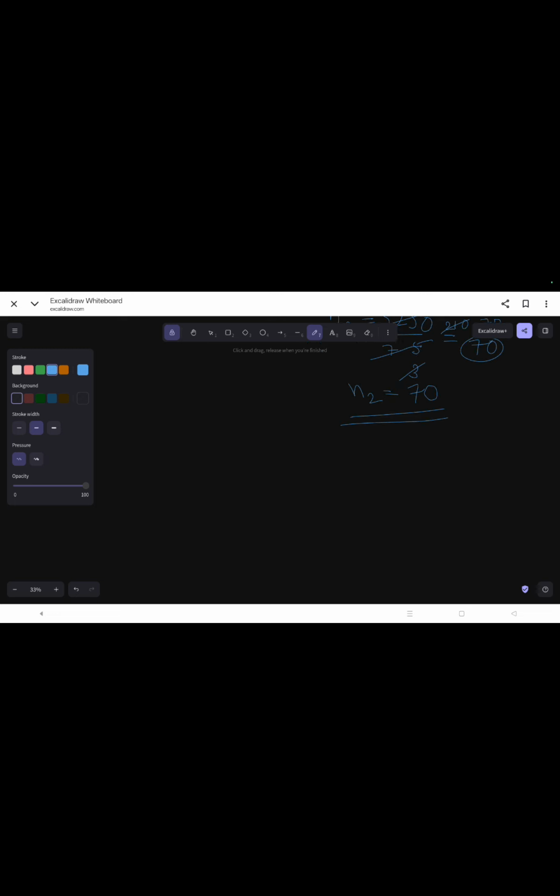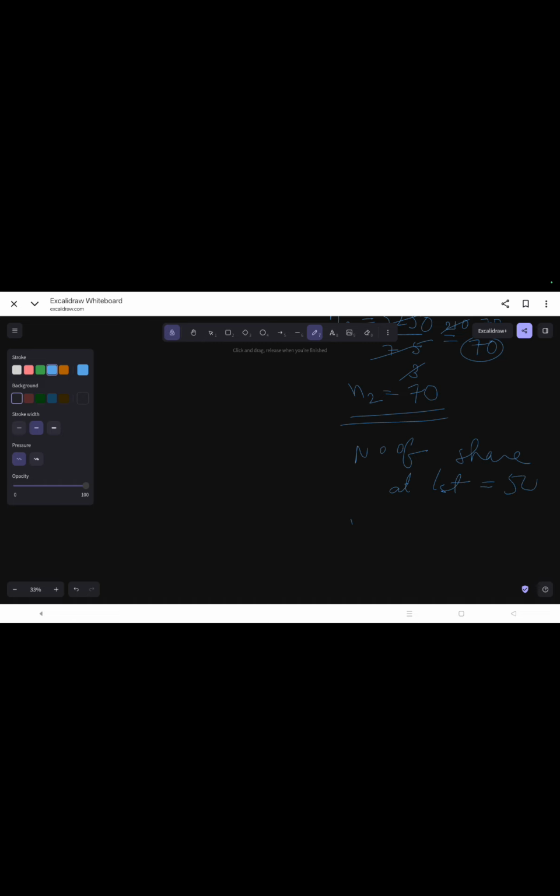And if the number of shares comes out to be 70, what is my original number of shares? Read the question. The original number of shares was 50.